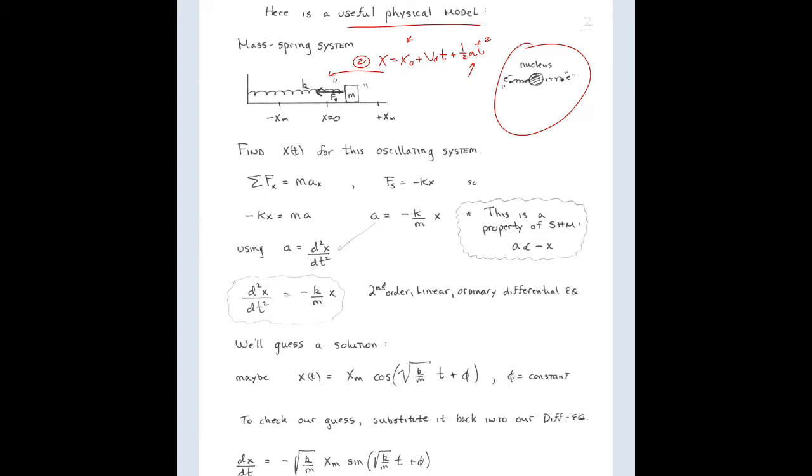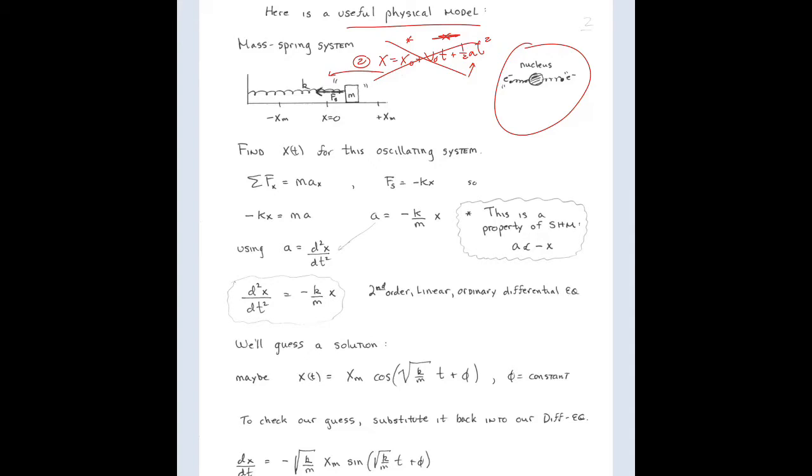Here, the acceleration is not constant. You let this thing go, it speeds up from here to here, and then it puts on the brakes and slows down, turns around, speeds up from there to there, puts on the brakes here, and slows down to a stop. So the acceleration is definitely not constant, and we can't use equation number 2.